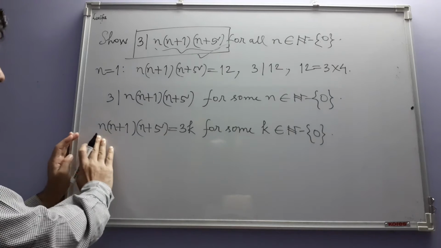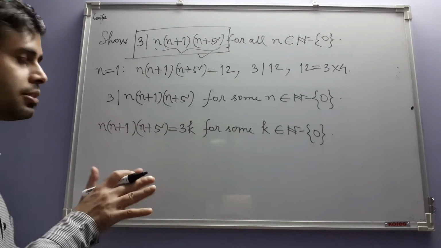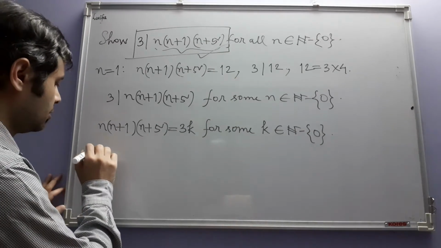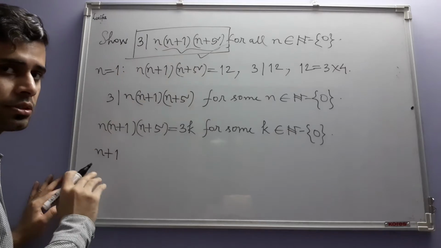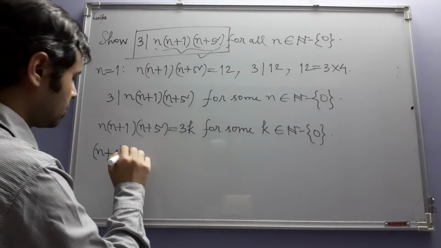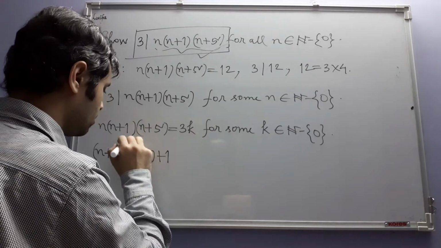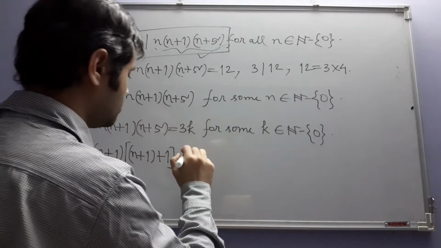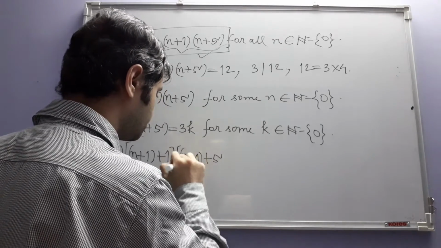Now we are not interested in this. We want to show that something else is divisible by 3. What is that? The expression when we have n plus 1 in place of n. So n plus 1 times n plus 1 plus 1 times n plus 1 plus 5.